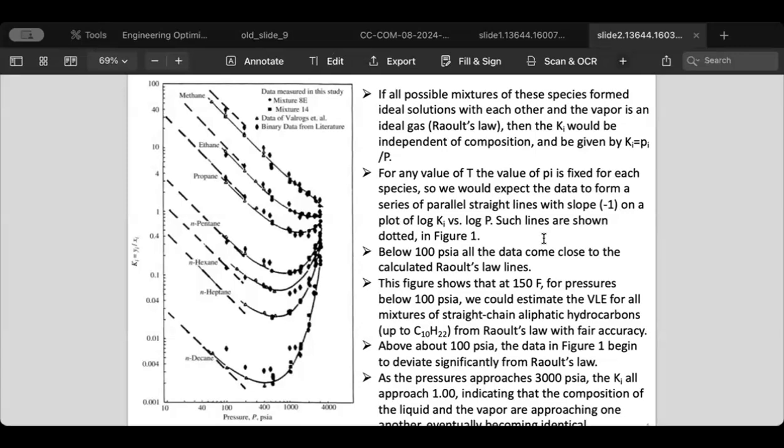So what does it mean when K equals 1? Equilibrium? No, it's not that one. We all have equilibrium. Every point is equilibrium, not only that point. But at that equilibrium, K equals 1. What does it mean? What is the definition of K?